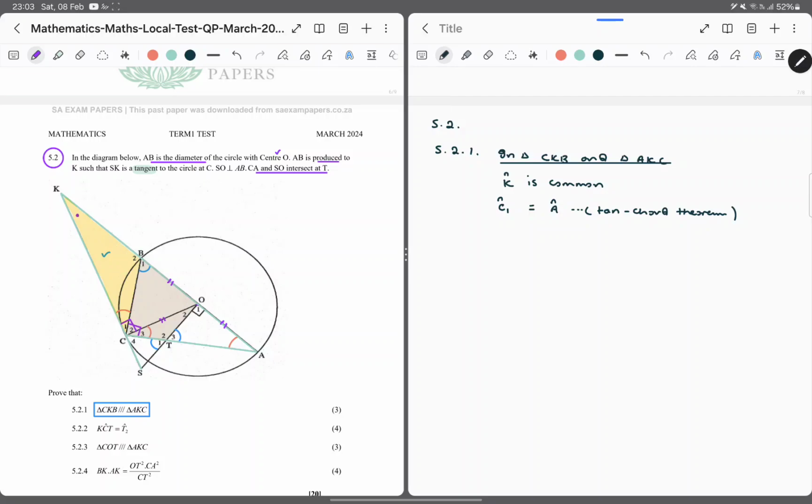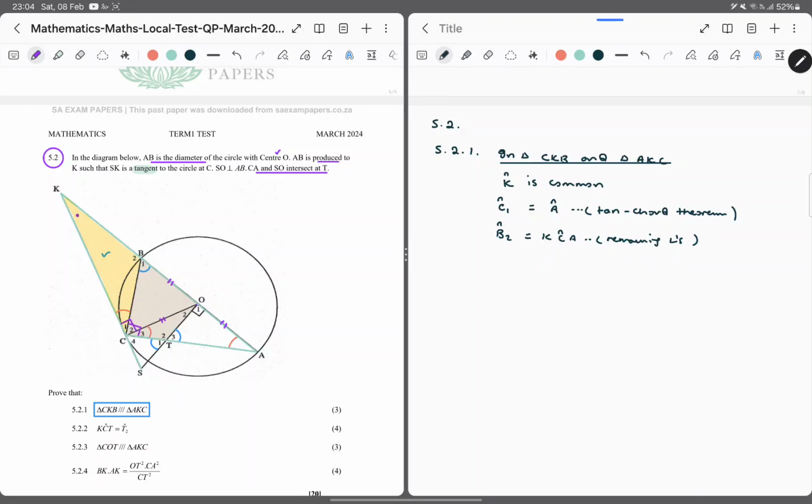The third set is really a deduction. So we can easily just say the B2 should be equal to angle KCA. These are the remaining angles.